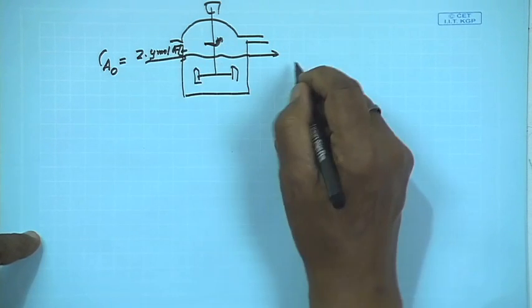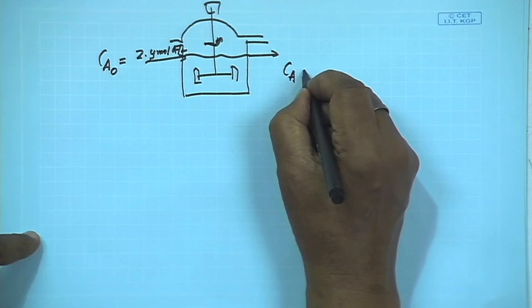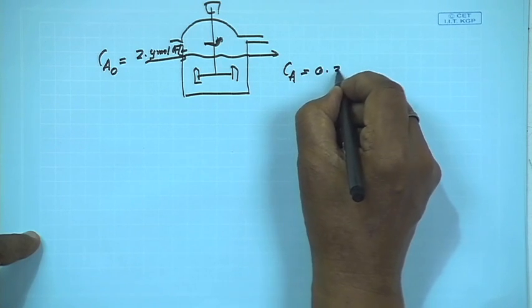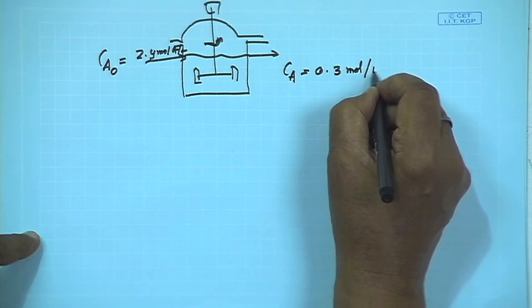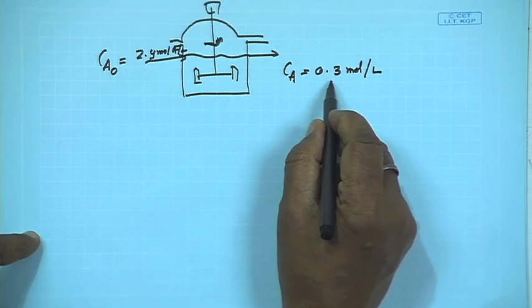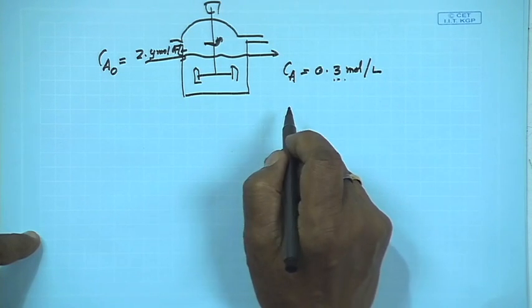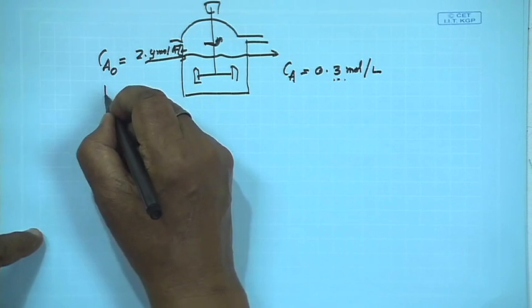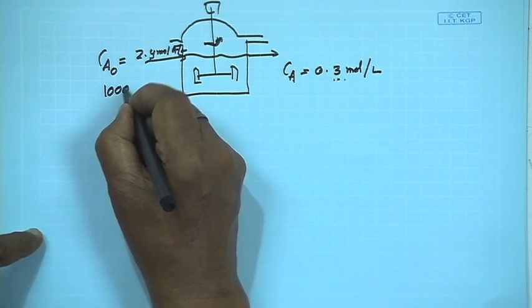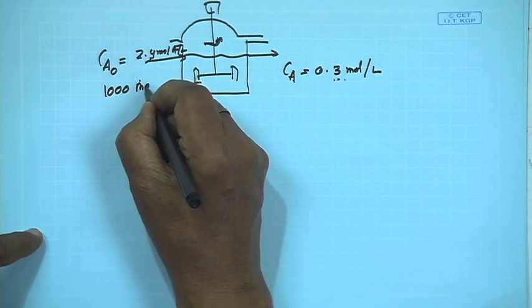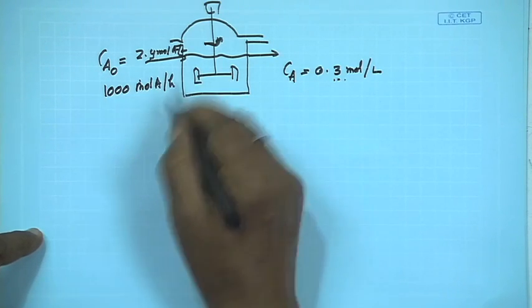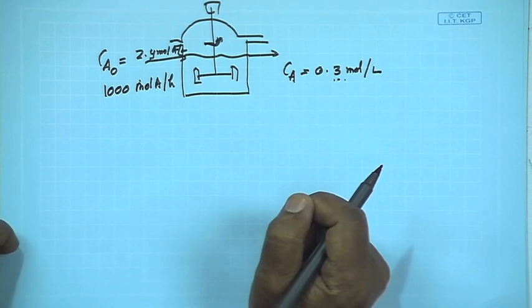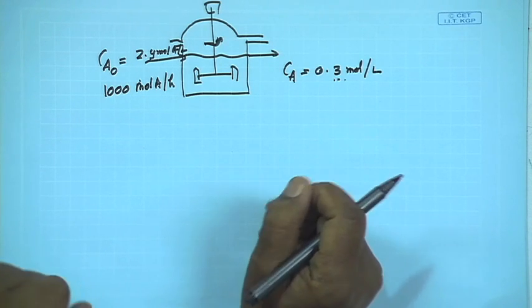Am I right? And here CA is the same. They are saying the CA should be the same. Previously it was 75%. Now they are saying no, whatever is converted, the final concentration remains the same. But here the flow rate is 1000 moles of A per hour. Then what will be the size of the mixed flow reactor? How can we calculate?